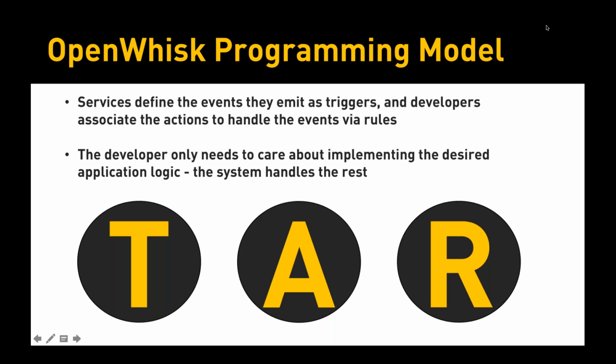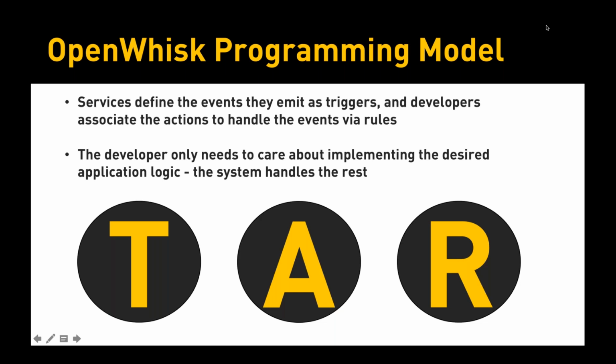These actions are going to be invoked by a trigger, and a trigger can invoke multiple actions. But how does a trigger know what action it should invoke? So there is a rule that comes in between the trigger and action, associating multiple actions with one or more triggers.